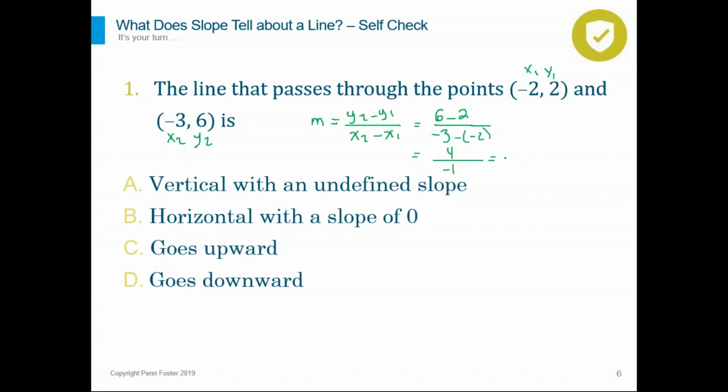Then your answer is basically -4. The slope is negative. That means that as the x values increase, the y values will decrease. That means that the line will go downward. Any questions? Anything that was not clear?